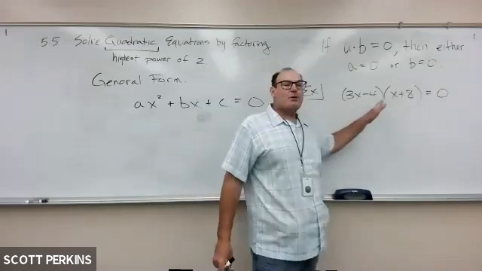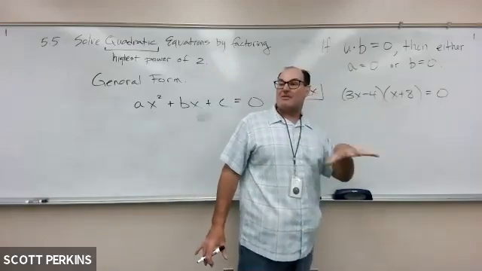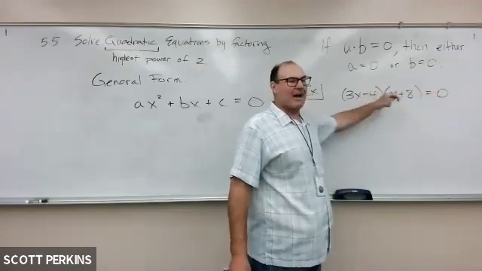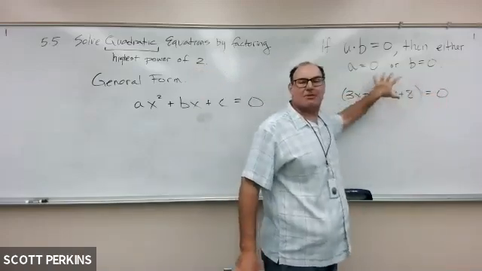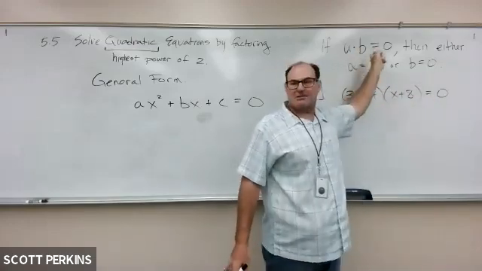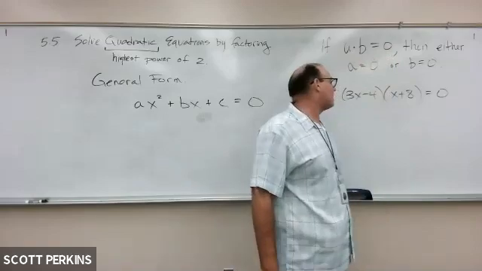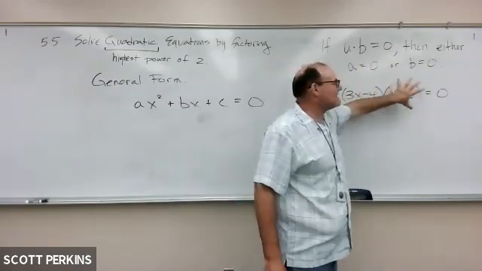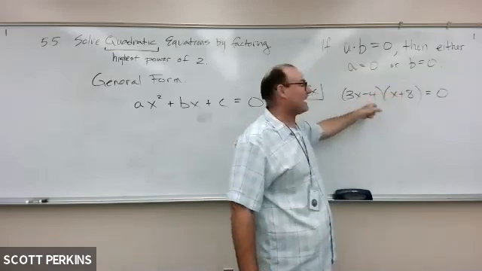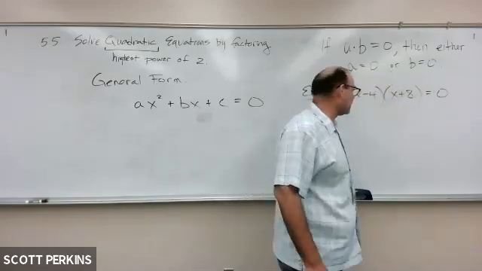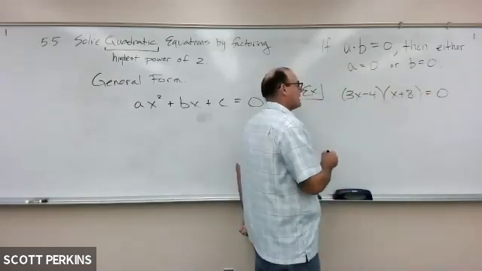So what I'm showing you here is something that has already been factored for you. Somebody did that work. So I have something factored, meaning these 2 things are being multiplied together and it's equal to 0. So by the principle of zero products, by the common sense up there, what we can say is this. Since this times this, I don't know what this is, I don't know what that is, but I do know when I multiply them together, I get 0. Then here's the conclusion that you can make.